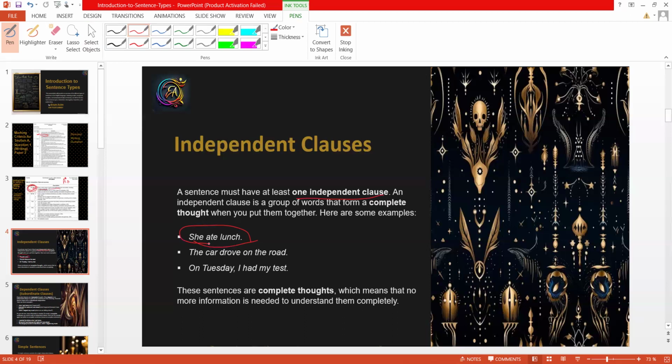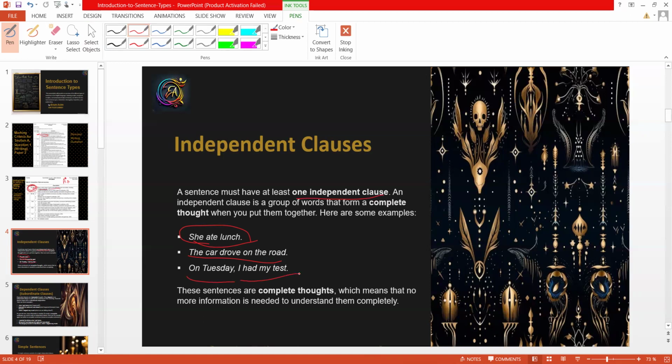Why she is having lunch, when she is having lunch, what happened if she ate lunch, it has nothing to do with it. We don't have to elaborate the sentence to complete it. It is a complete sentence. Another example: The car drove on the road. That is a complete sentence. It does not require anything else here.